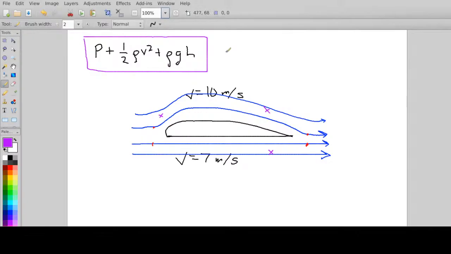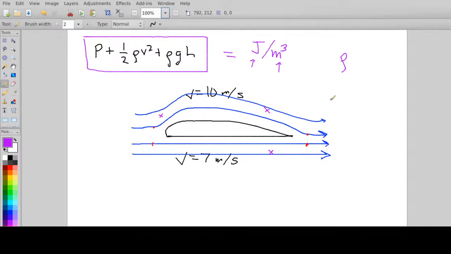And by the way, the units of this are joules per meter cubed. I won't prove that right now, but I did in the lecture. Joules are energy, and whenever you divide by a volume, you get a density. Only it's not a mass density like rho. It's actually an energy density.